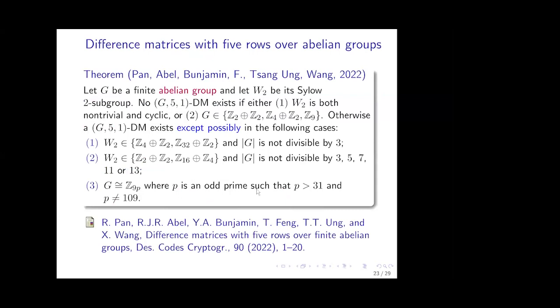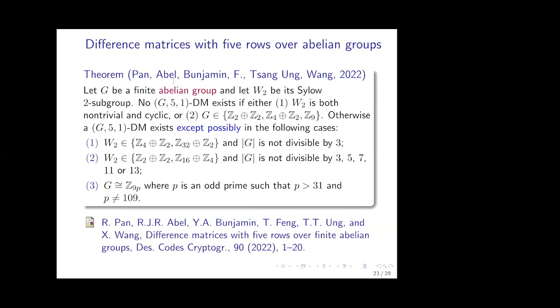This is a difference matrix with 4 rows. The next question is how about 5 rows? Of course, it will be very complicated. Many people here, including Abel, whom I just showed you, are very good at constructing difference matrices, and he constructed many difference matrices to construct mutually orthogonal Latin squares.